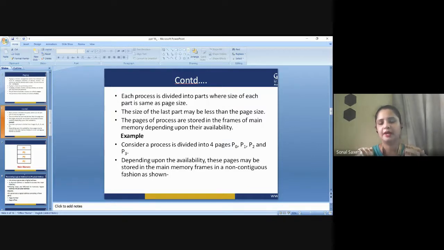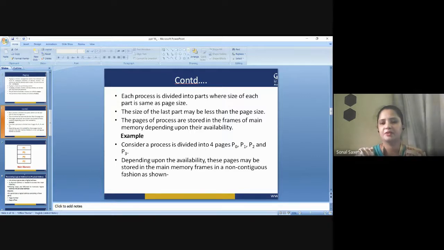As I told you, the parts of the process have to be divided into partitions equal to the pages. So I have to divide my process into 2-byte partitions. Now let us assume that I have one process which is of total 7 bytes.